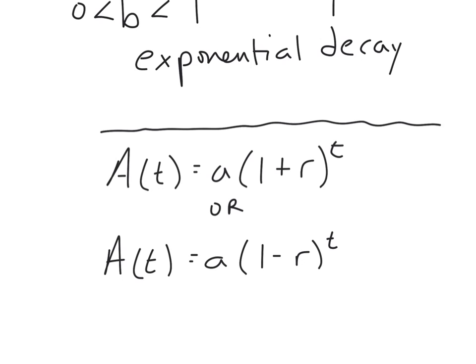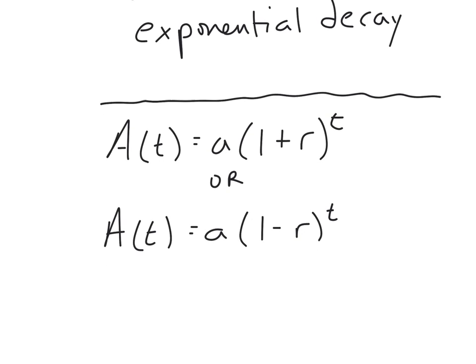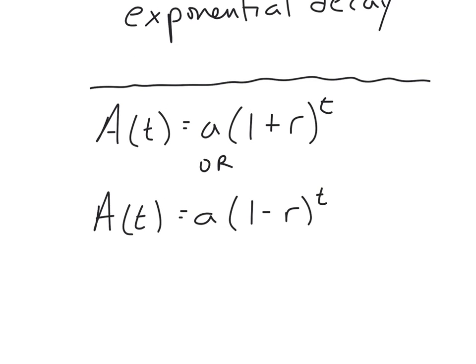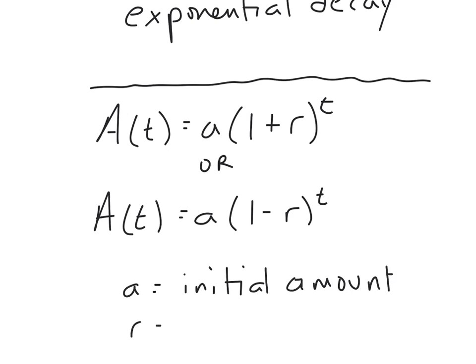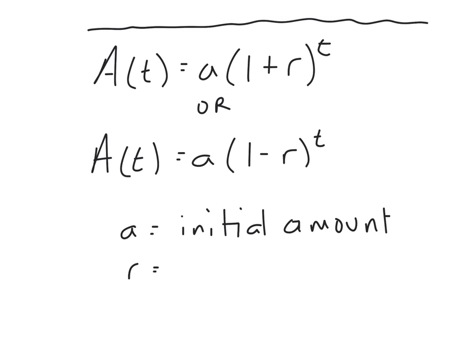Now in both formulas, the A, the R, and the T all represent the same thing. So A represents the initial amount, the amount that you start with, right? And then R represents, what do you think? Not the ratio, the rate at which it's growing or decaying, right?